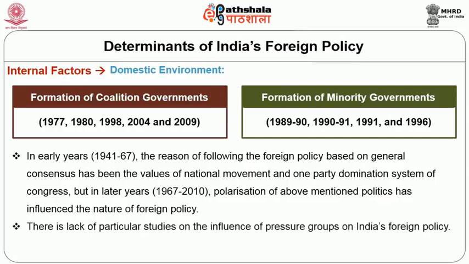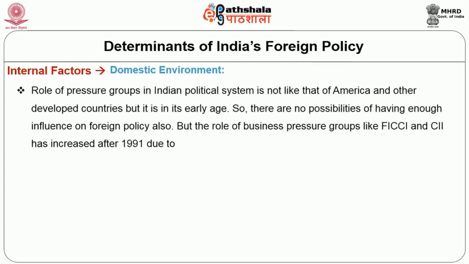There is lack of particular studies on the influence of pressure groups on India's foreign policy. The role of pressure groups in the Indian political system is not like that of America and other developed countries, but it is in its early stage. So there are no possibilities of having enough influence on foreign policy also.